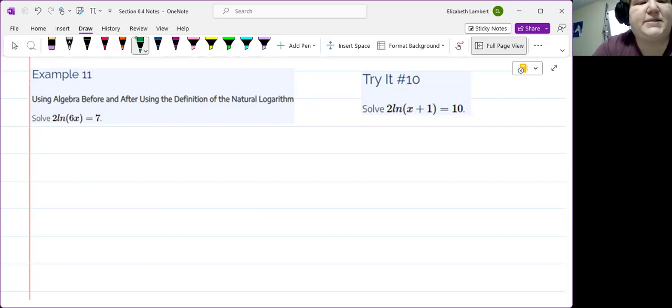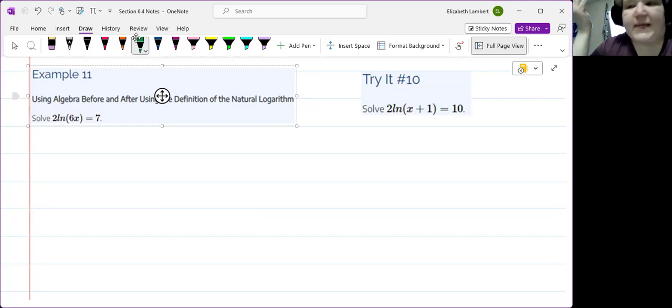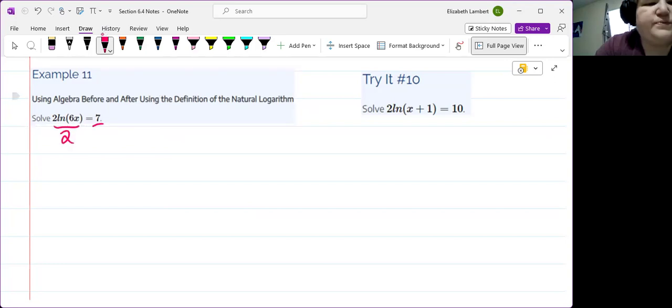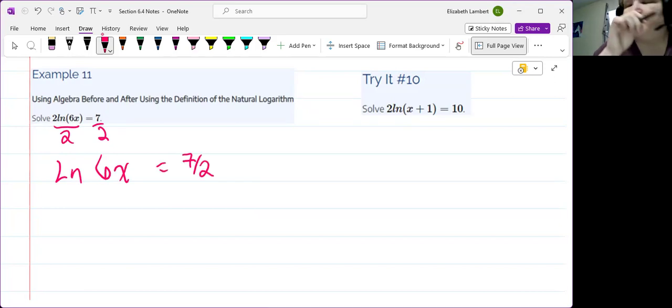All right, so 2 times the natural log of 6x is equal to 7. Just like normal, 2 times is our outermost operation, so we're going to start by dividing by 2. 2 times thing divided by 2, they cancel. So our thing is now the natural log of 6x equals 7/2.